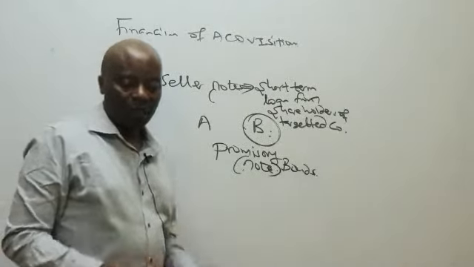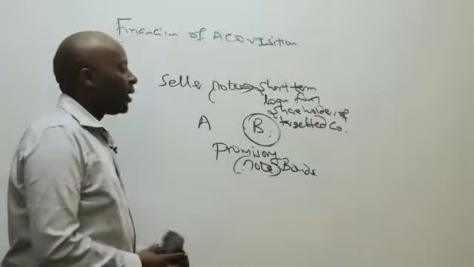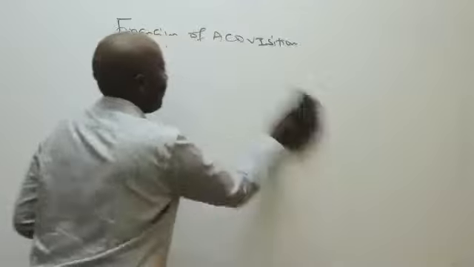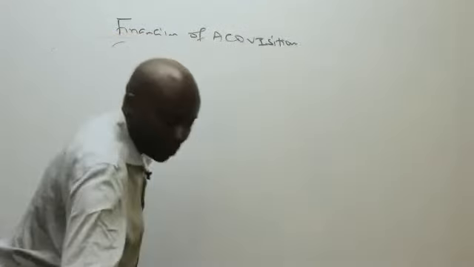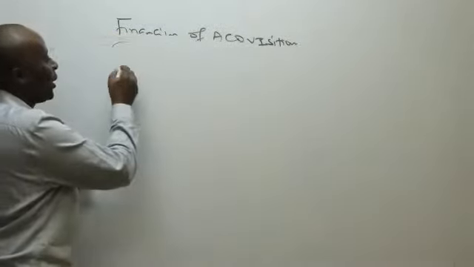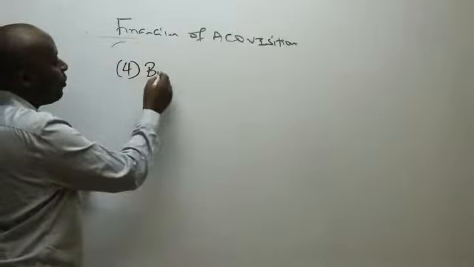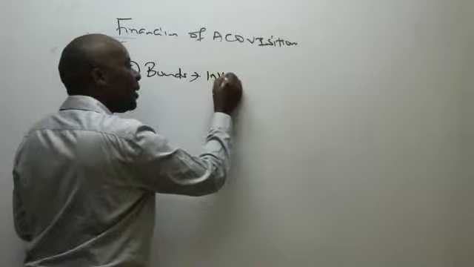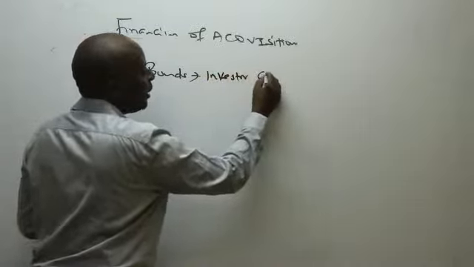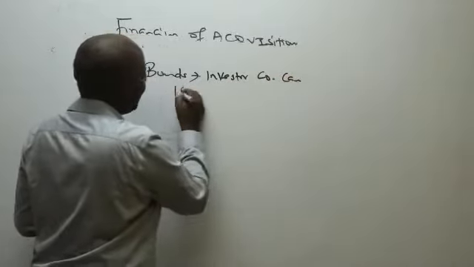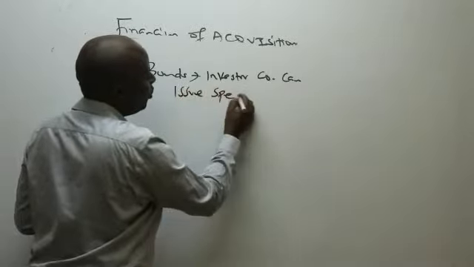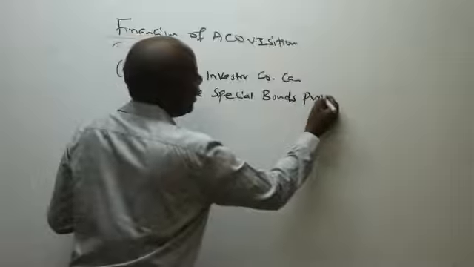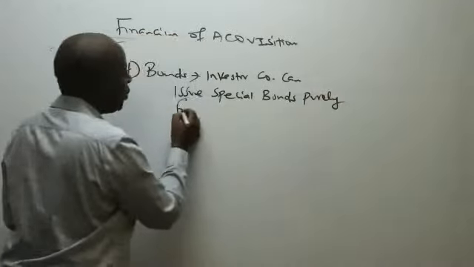Now, ladies and gentlemen, if you allow me, I'll go to the next concept, which is the bonds. I think it's number 4. So bonds, we are saying here that the predator company, the investor company, can issue special bonds purely for purposes of what here?